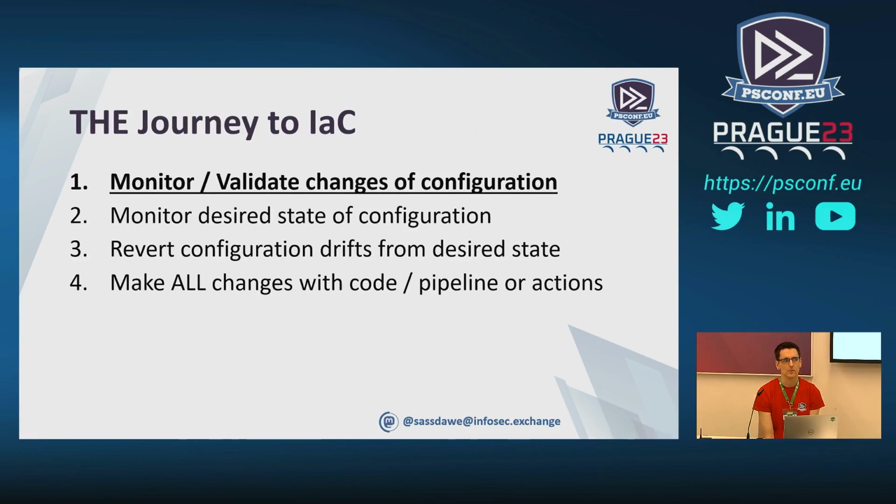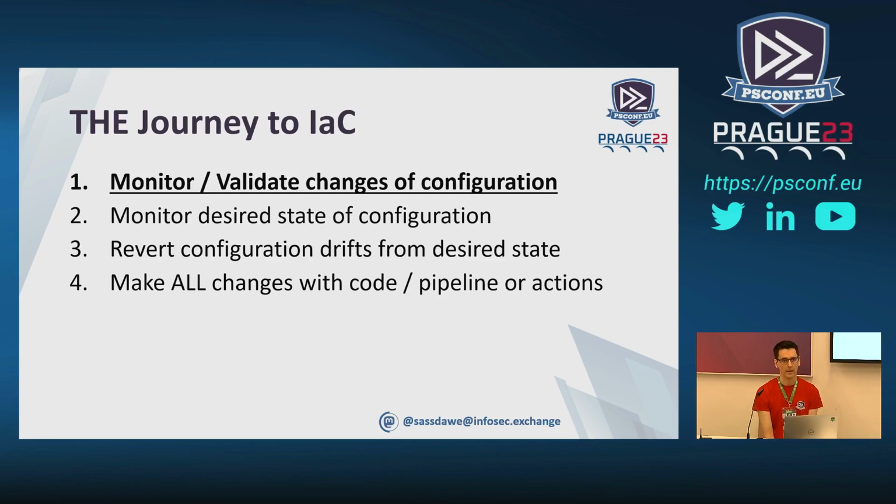Because infrastructure as code is a journey, and it has many steps, but I don't think that anyone really ever speaks about the first steps, and that is to monitor and validate the configuration changes, even done by you, done by a script you ran, or when you actually start doing infrastructure as code, you also need to validate that it not just didn't fail, the pipeline, because we have seen some sessions where it was running and it failed, and we could troubleshoot it.